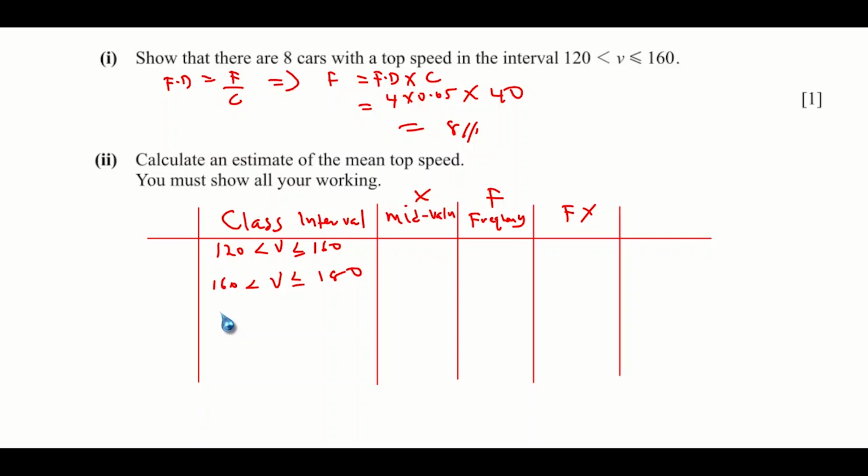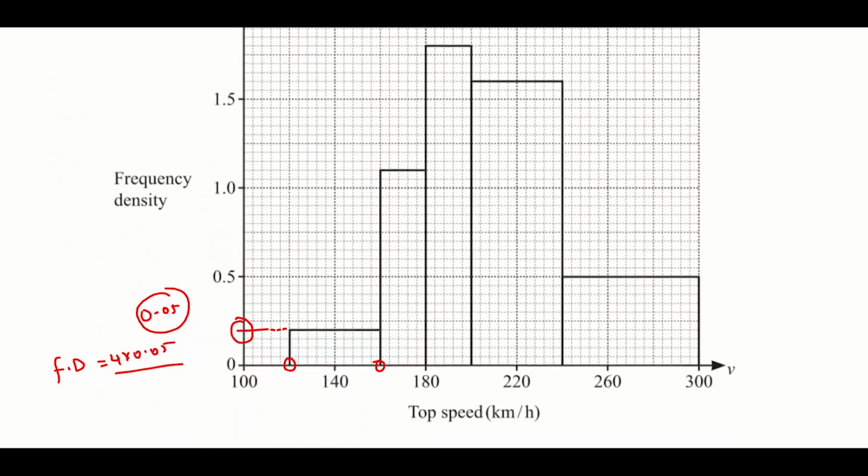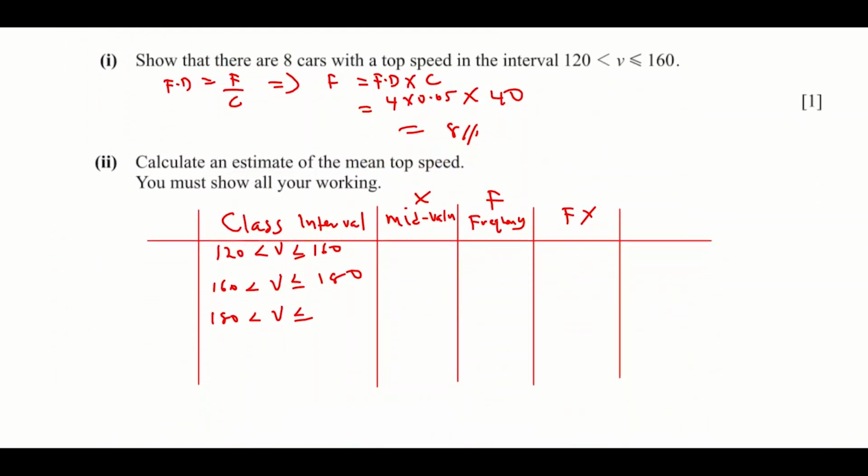So the next one will be 180 is less than v, and v is less than or equals to between 180 and you can see here, okay, that is 200. So this is the next one. So then we have 200 and 240. So I can just write them together. So 180 is less than v, and v is less than 200.